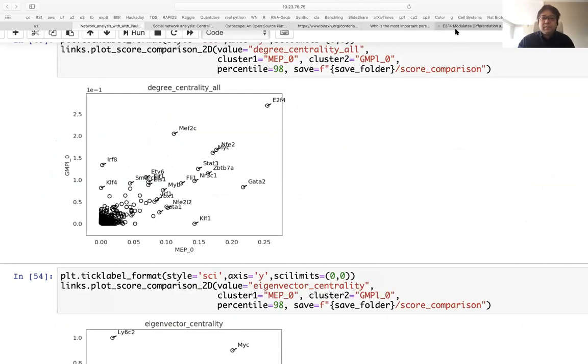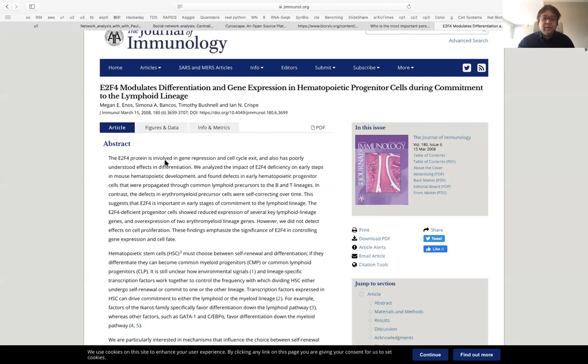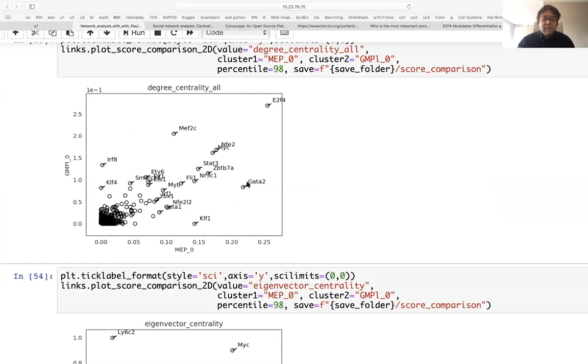And I think that may be true because E2F4 is involved in very general functions, for example, cell cycle and many basic biological events. But here we can see GATA2 is really high in the MEP cluster, and GATA2 is known to be important in the MEP lineage.